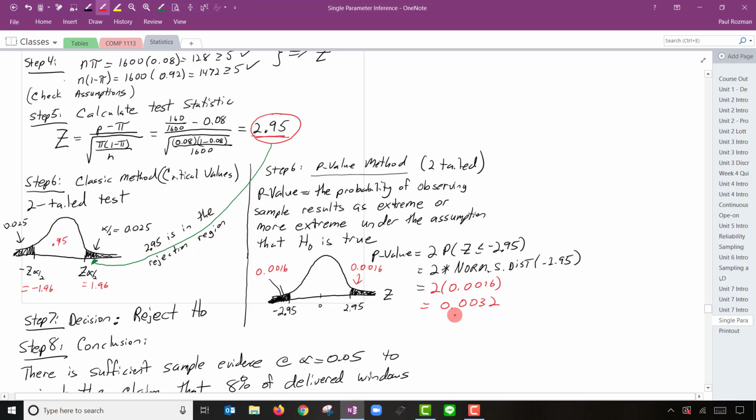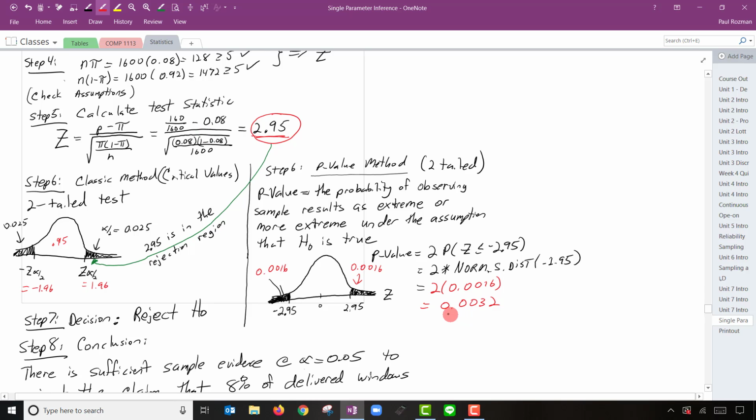That's a pretty low probability, right? The probability of getting a z-score like this is quite low when we assume that pi is actually 8%. So either we have strange data or pi isn't 8%.